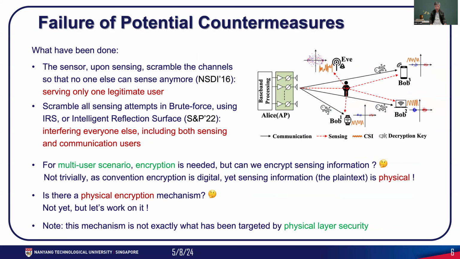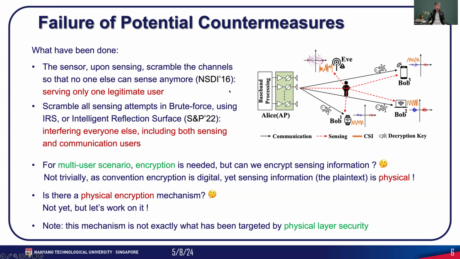So how can we handle this issue? We are not the first ones who were aware of it. Even before multi-person sensing became realistic, some pioneers had already thought about it, and there are two prominent proposals, one in NSDI 16 and one about 2 years ago in S&P.